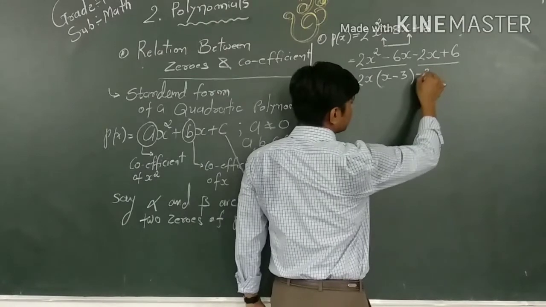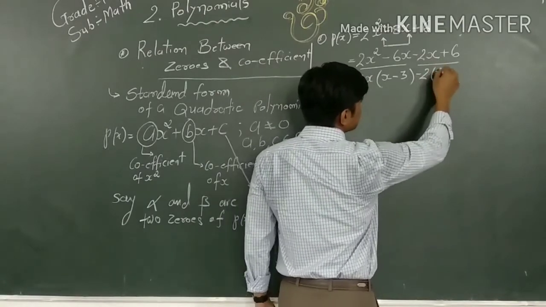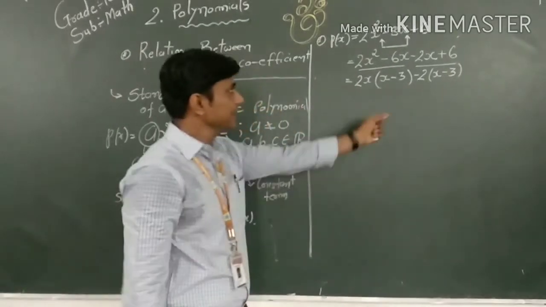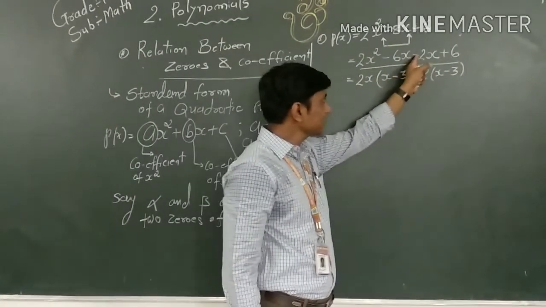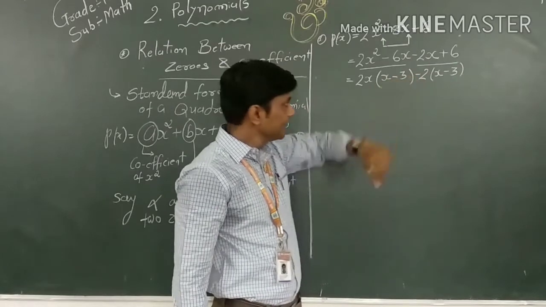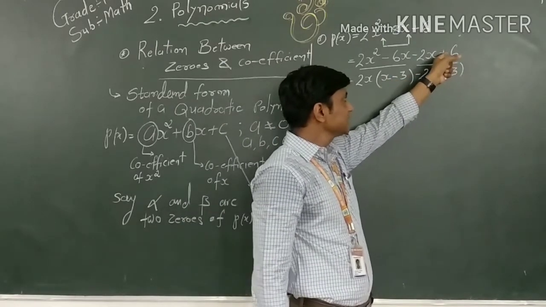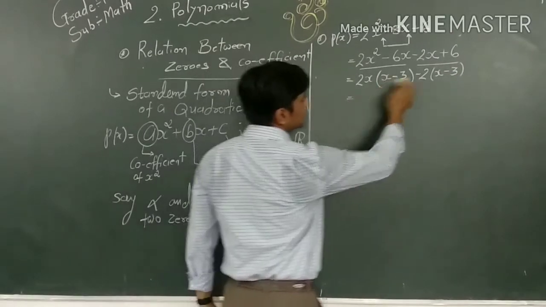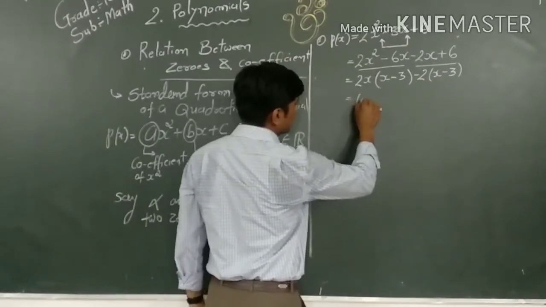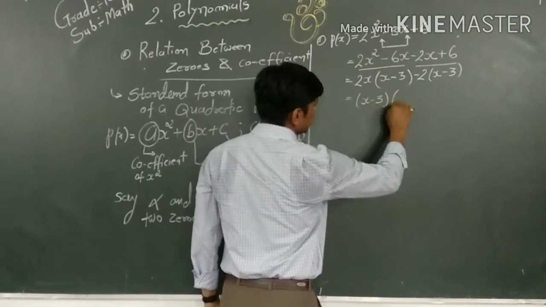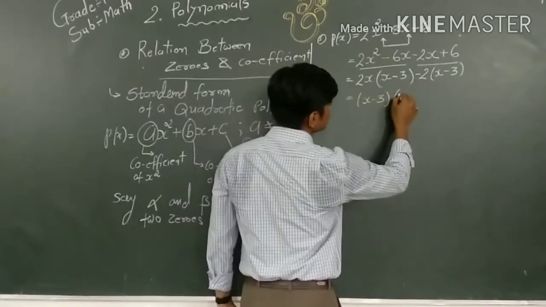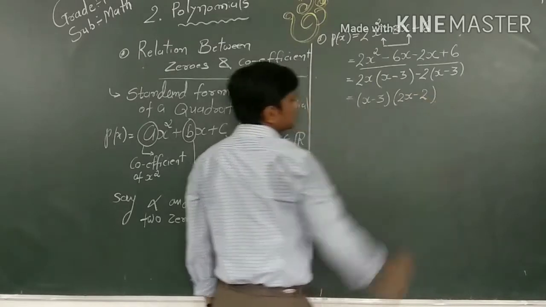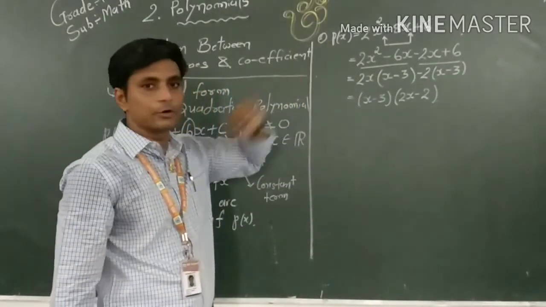Minus 2 is common, and x minus 3 is the remaining factor. Keep in mind, if we take a minus common, then the sign in the bracket always changes. Now x minus 3 is common again. That means we have 2x minus 2 and x minus 3. These are the factors of the given polynomial.